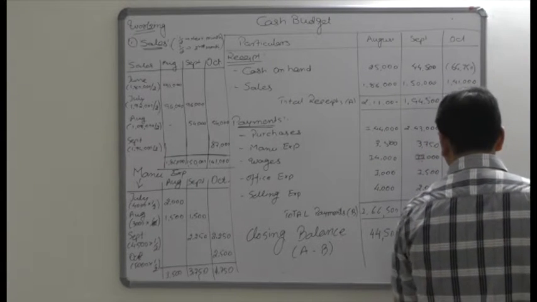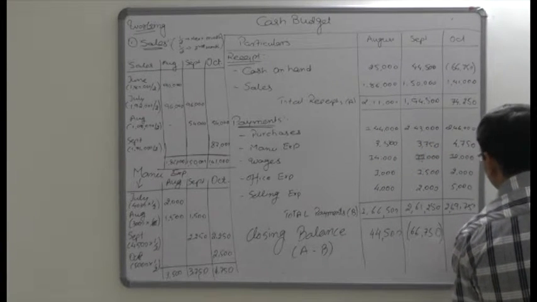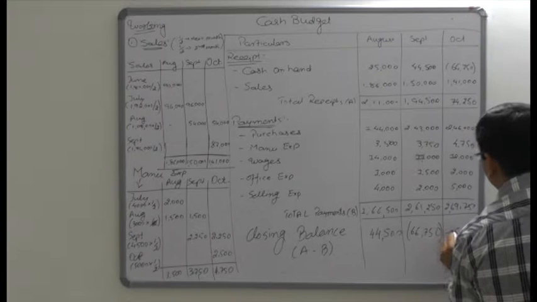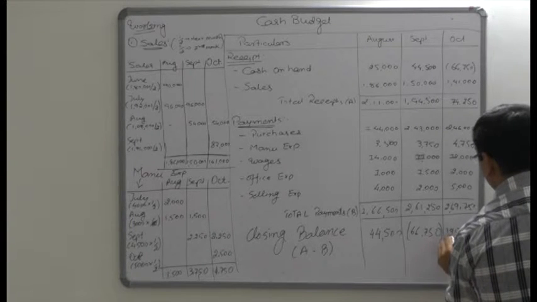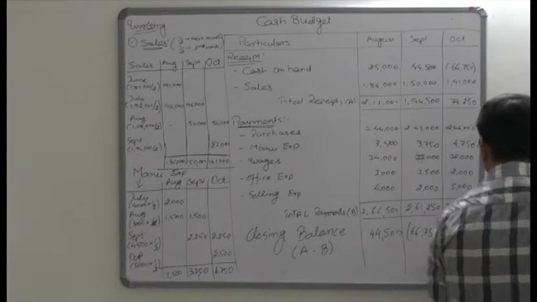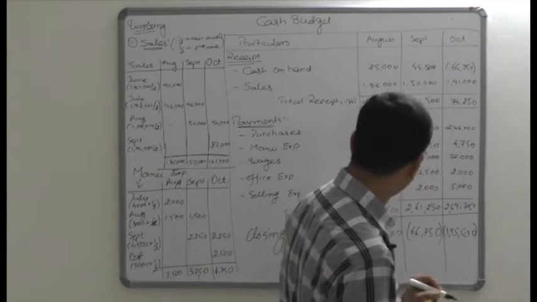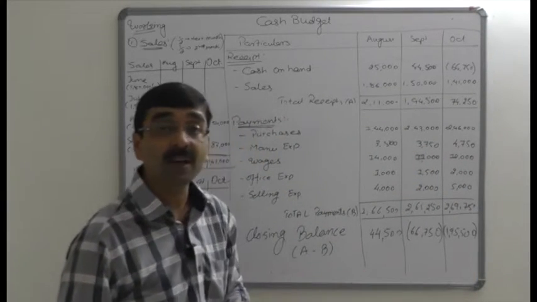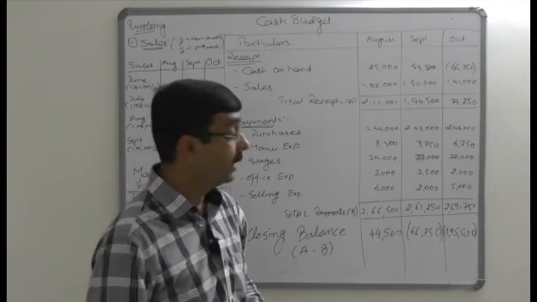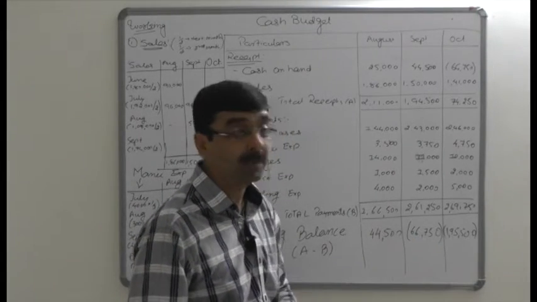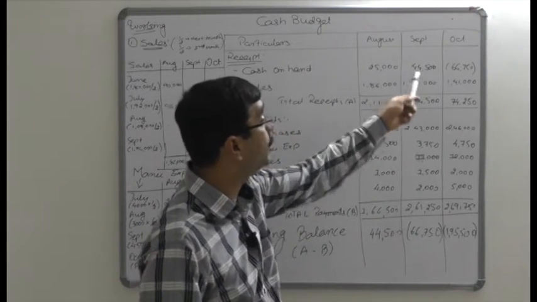Let's see what would be the balance in case of this. The balance in your hand comes to, it's very difficult, you have only 1,95,500 rupees negative.